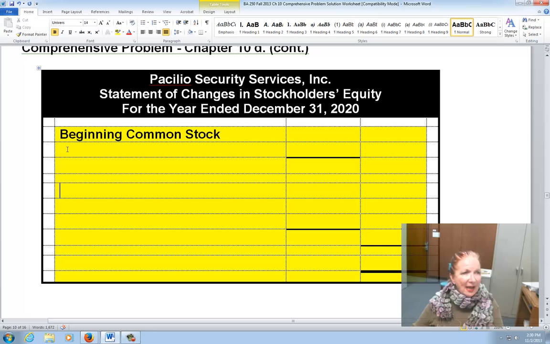So we're going to have beginning common stock plus common, and then we're going to get ending common stock.